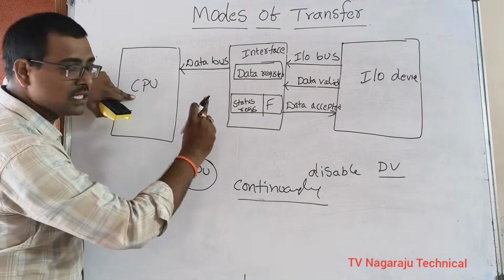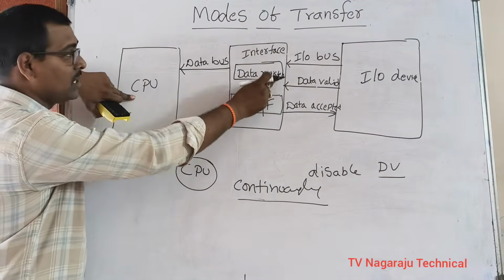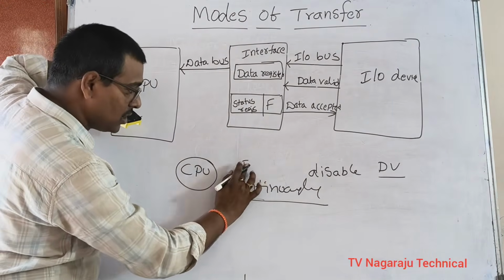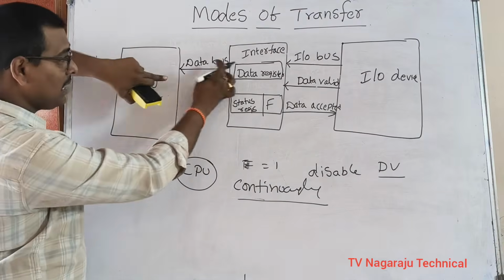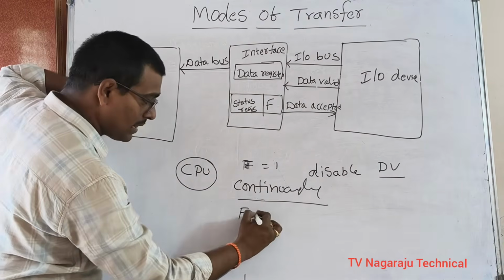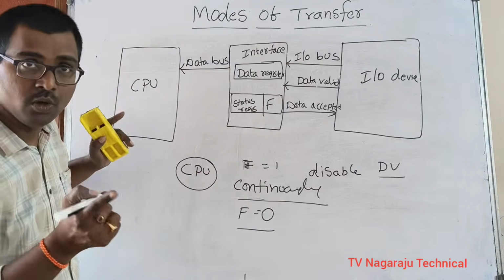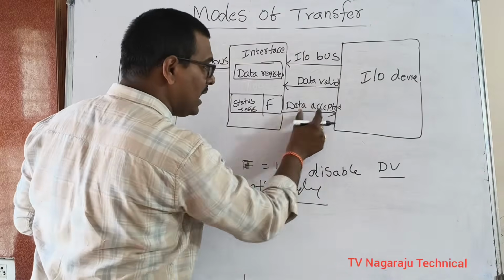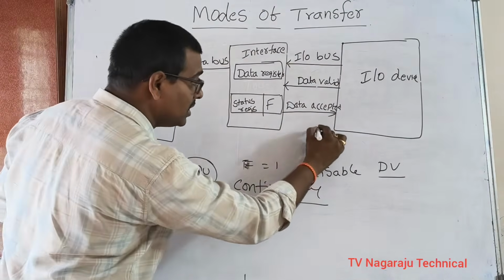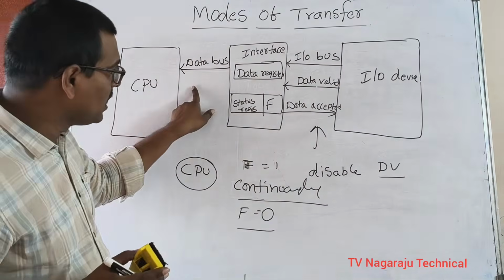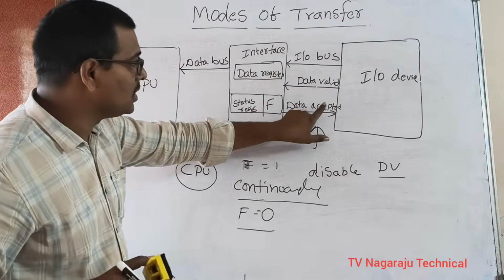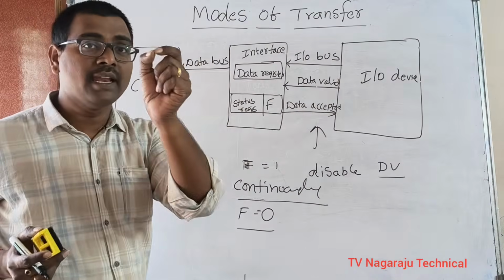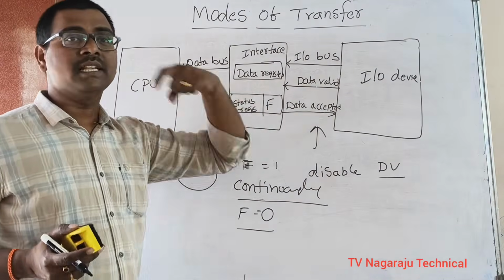Suppose the first byte is transferred, the CPU checks the flag bit and reads the data from the data bus. Initially the flag is equal to 1. After the data is read by the CPU, the flag is cleared to 0. Whenever the flag is cleared to 0, the interface disables the data accepted line. Whenever this data accepted line is disabled, the I/O device sends another byte.